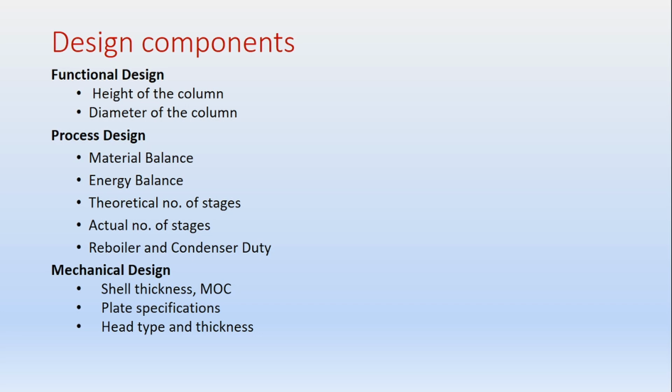Also the selection of these heads. There are many other aspects of the column that can be designed, but we have limited our design in this presentation to these items. So let us see.